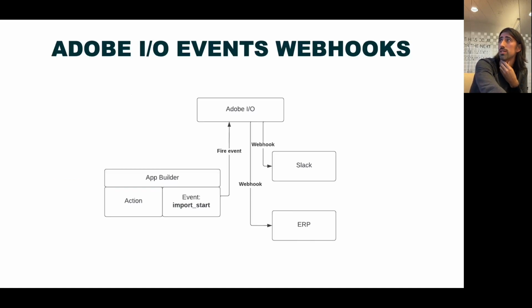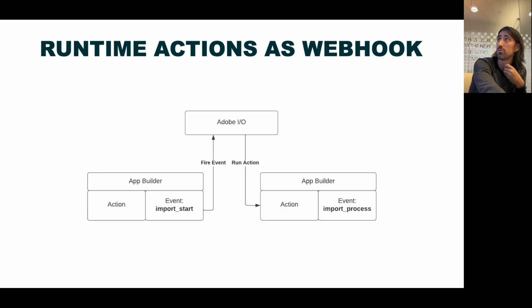So webhook is technically quite simple. I mean, it's as the name sounds. It's just a webhook where the event is fired and then the webhook is executed by Adobe. So you tell it, if this event gets fired, please, I don't know, send a Slack notification or whatever else. Runtime action as a webhook sounds different, but it's exactly the same.